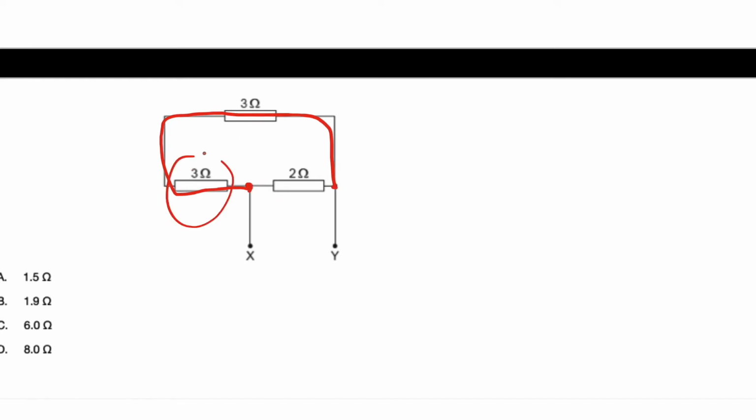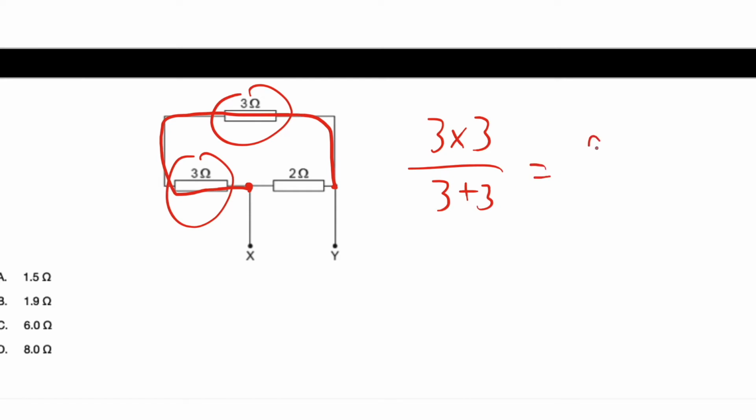And we know this resistor here and this resistor here are connected in parallel. So their combined resistance is going to be equal to 3 times 3 over 3 plus 3, which is equal to 9 over 6. So it's going to be equal to 3 over 2, which is equal to 1.5. So the answer will be A.